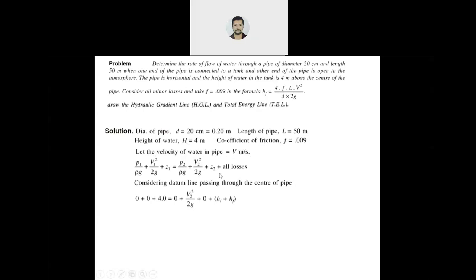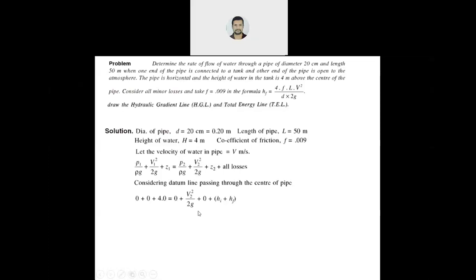So we will write the Bernoulli's equation for the real case when there are losses. Now put the values here. Pressure is atmospheric at the starting point as well as at the end point, so gauge pressure we are taking, so it is 0. Next, at the starting point, the inlet, there is no velocity, and at the outlet you have to calculate.